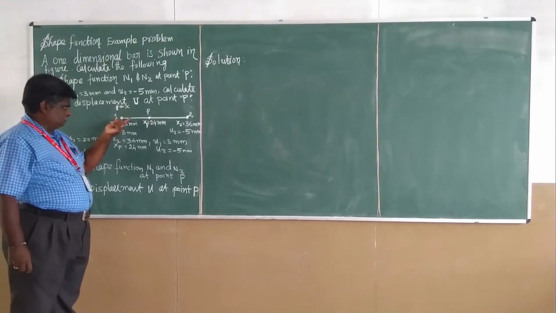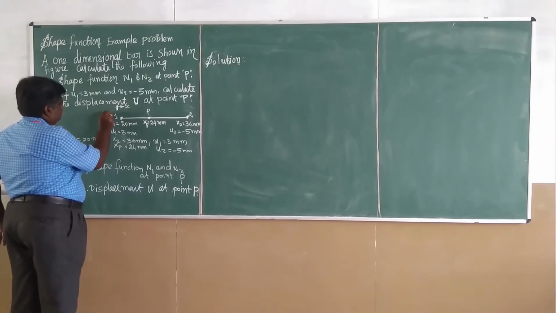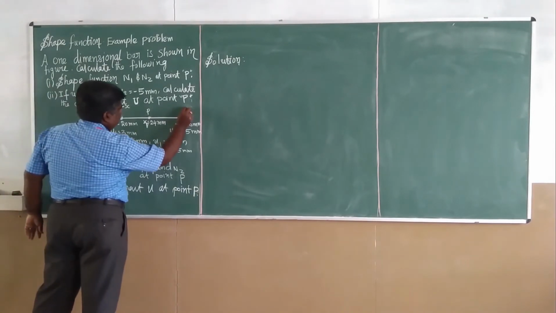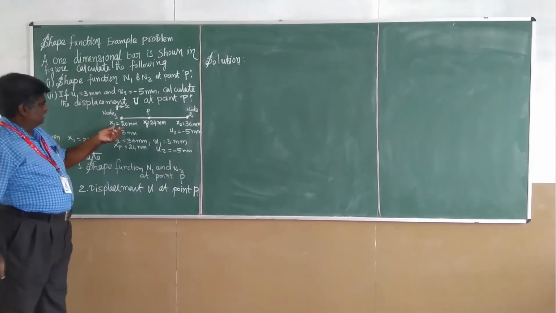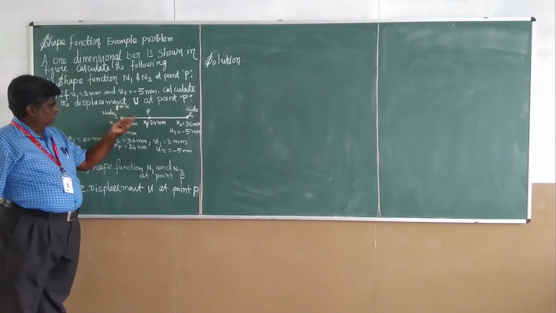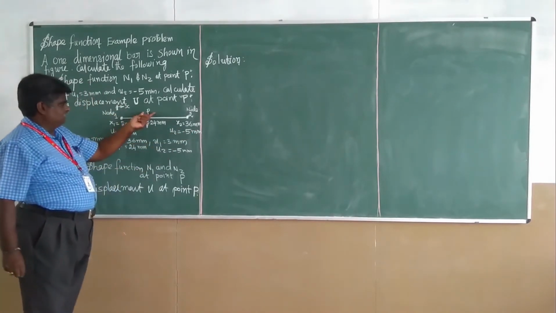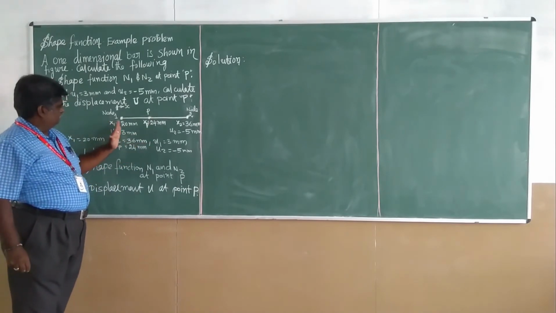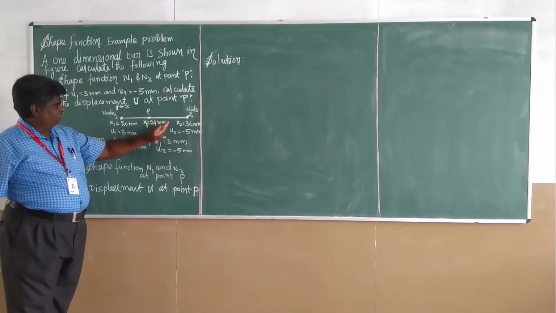It has two nodal points, node 1 and node 2. The x1 is 20 mm at nodal point 1, at nodal point 2 it is 36 mm. The point P is located at 24 mm.